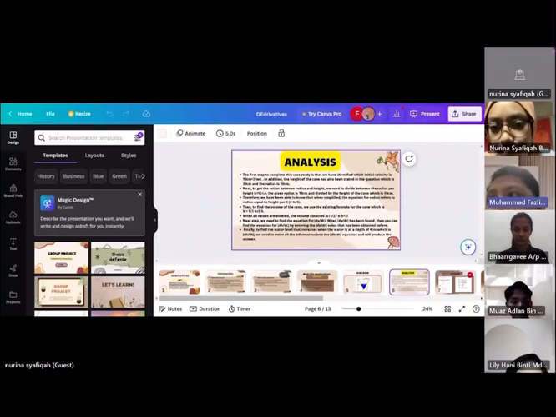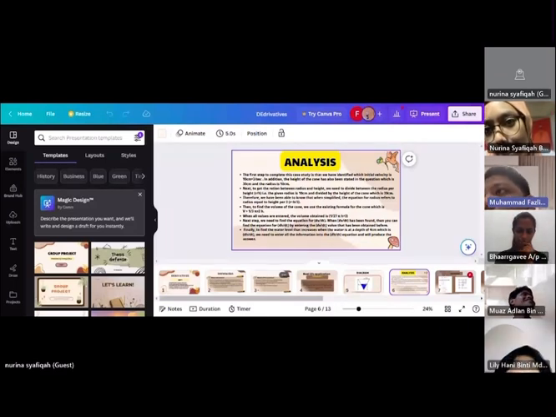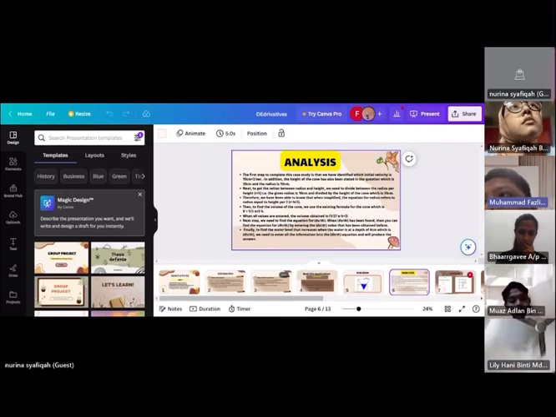Next, I will explain the analysis. The first step to complete this case study is to identify the given rate, which is 10 cm cubed per second. In addition, the height of the cone is stated in the question, which is 30 cm, and the radius is 10 cm. Next, to get the ratio between radius and height, we divide the radius by the height. The given radius is 10 cm divided by the height of the cone, which is 30 cm.